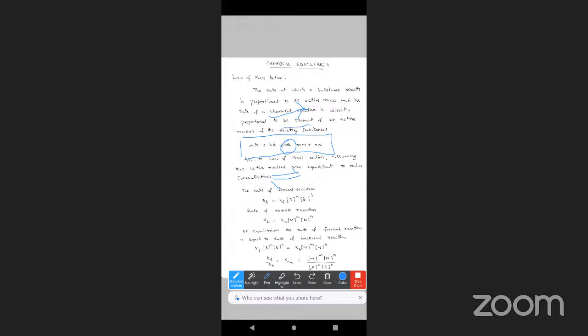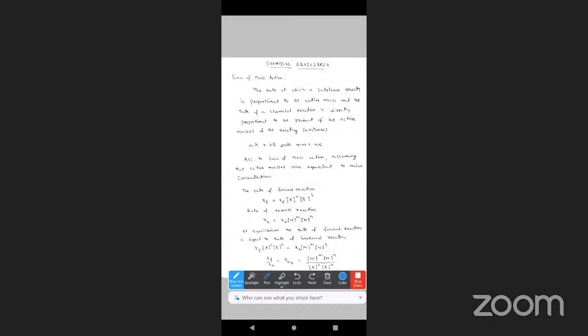If both directions take place, we use two-sided arrow marks, and these half-headed arrow marks indicate equilibrium. So the rate of the forward step for this reaction is equal to Kf into the concentration of A to the power of a and the concentration of B to the power of b.